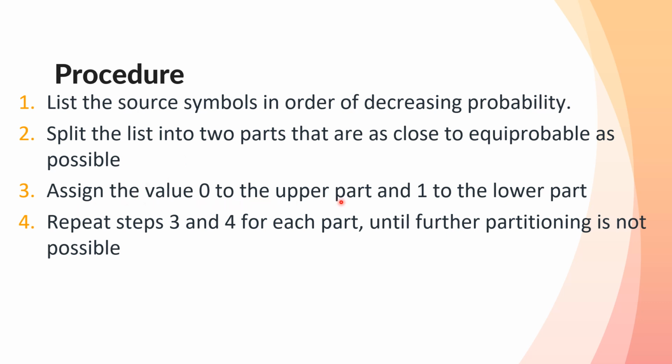Assign the value 0 to the upper part and 1 to the lower part. In some books, 1 is given to the upper part and 0 to the lower part, but the majority of textbooks follow this convention. Repeat steps 3 and 4 for each part until further partitioning is not possible.